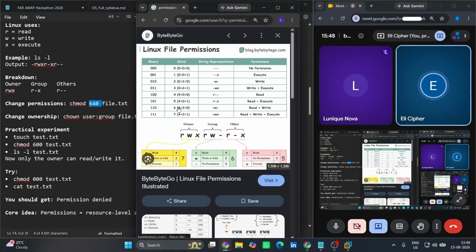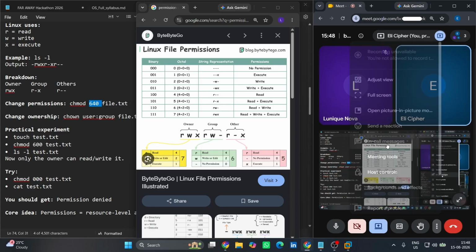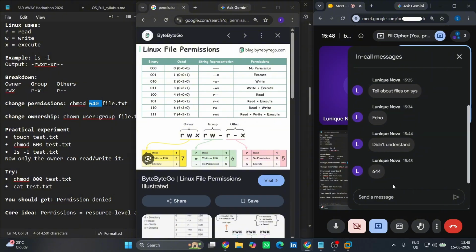This is the chart in front of you. Take a look. First, I only want read permission for group and other, and read and write for the owner. Tell me the number which I should write there, right? 644. Yes, great.